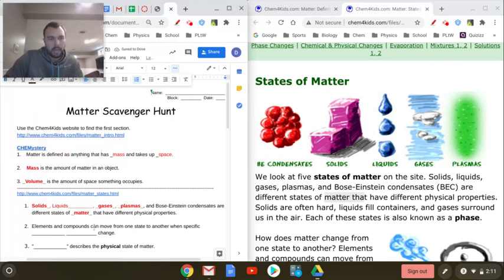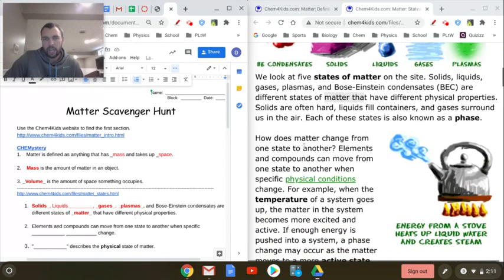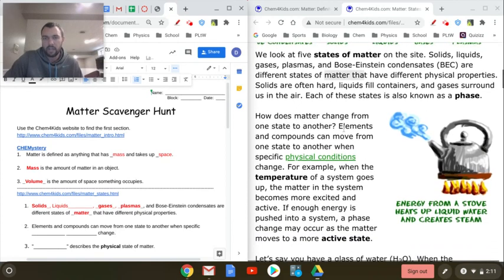Okay, elements and compounds can move from one state to another when specific blank blank change. Okay, so let's see. Solids are often hard, liquids fill containers, and gases surround us in the air. Each of these is known as a phase. How does matter change? Okay, so it talked about changing here. So I'm on high alert now for an answer.